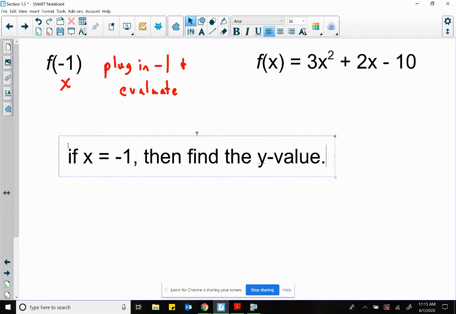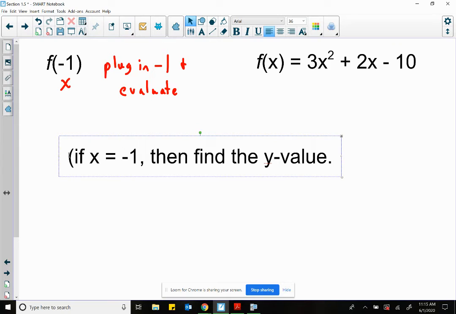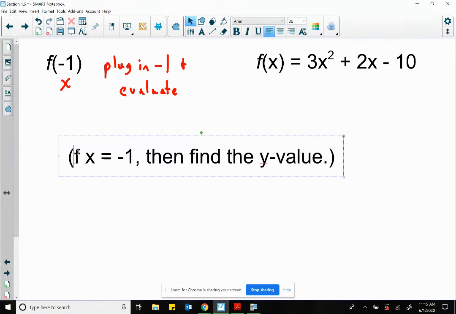And as a mathematician, I don't want to write that every time. So I can just say evaluate and give you the function notation, and that represents everything that I just said here. Okay? So I don't have to write this out. I can use function notation to help me deliver those same directions. Go ahead and make this a capital I.